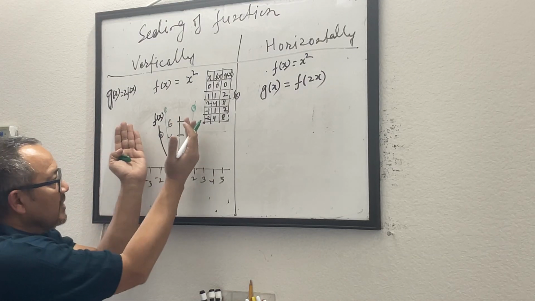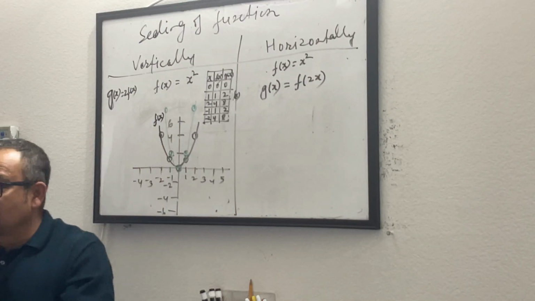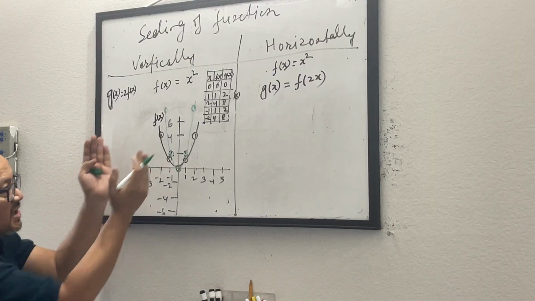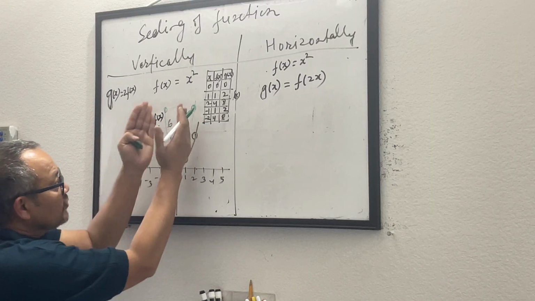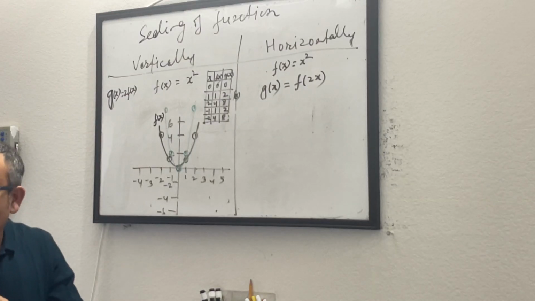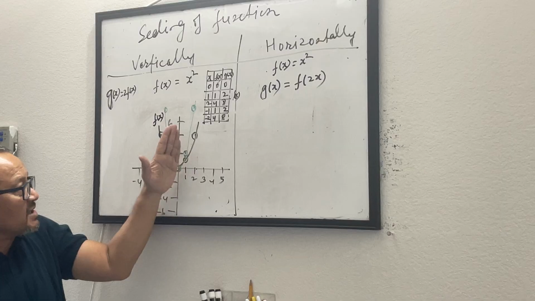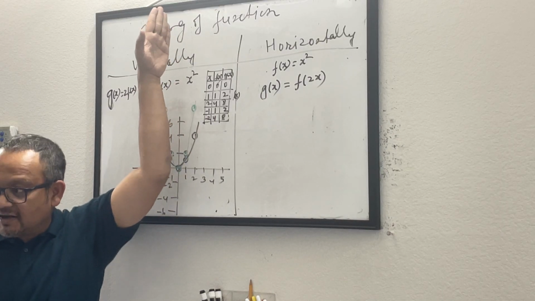Your graph got squeezed. And that's not the right mathematical definition of it. What you're seeing is your graph's slope increased. Your rise over run increased. It got compressed. But in mathematical terms, your rate of increase of y increased.